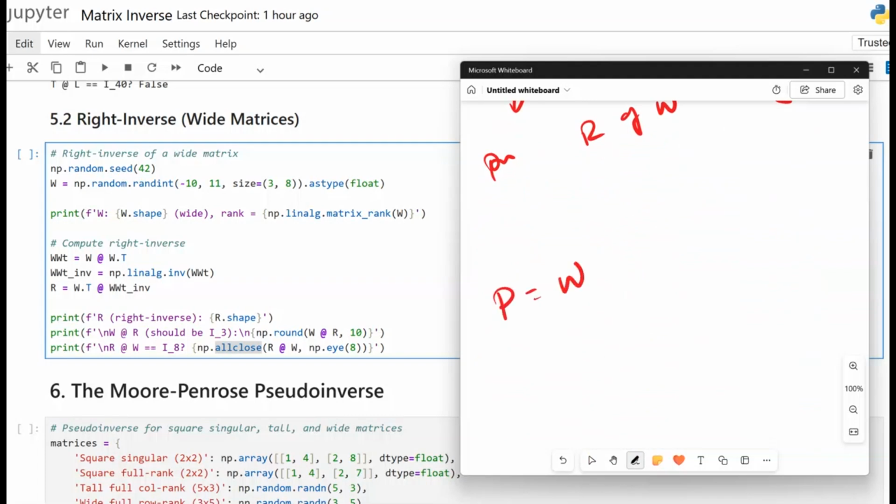P is equal to W transpose multiplied by W W transpose whole inverse W. And dear friends, when specifying this geometric interpretation, W is the compression of 8-dimensional space into 3-dimensional space. And this R, of course, lifts a vector from R3 back into R to the power of 8. And RW projects a vector in R8 onto the row space of W.